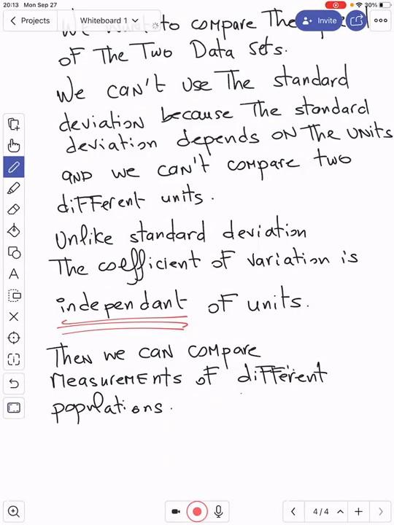How much time do we have? Oh, we have like 2 minutes. I don't think 2 minutes is enough to define the coefficient of variation and give examples. So I'm probably going to do this next time, on Wednesday.